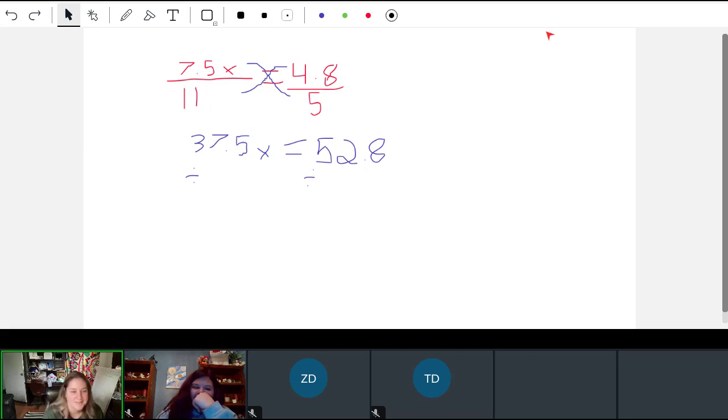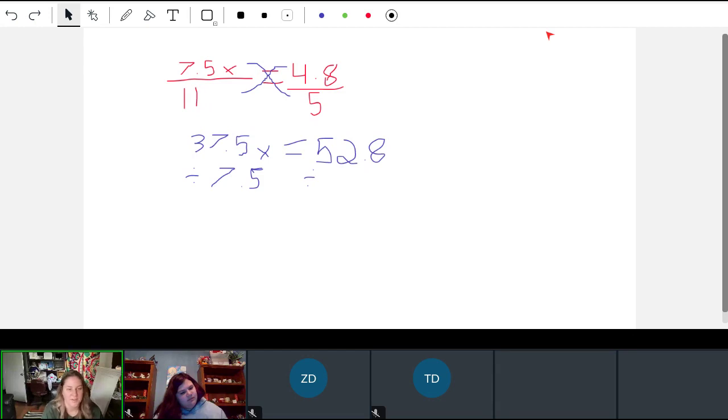Are you stuck? Okay, so our goal is to get the x by itself, right? So right now, what is stuck to the x? What's on the same side as the x? What's in front of that 7?